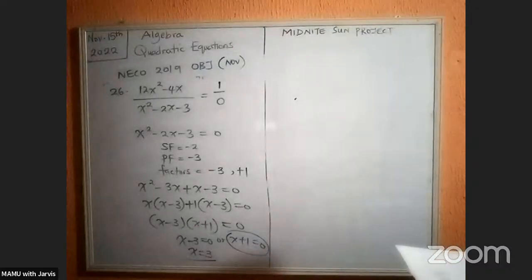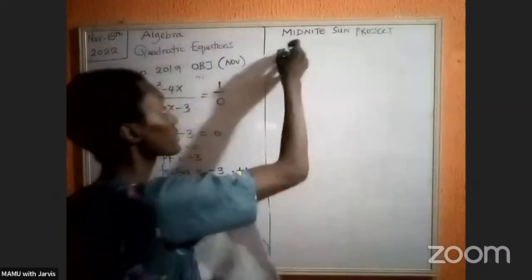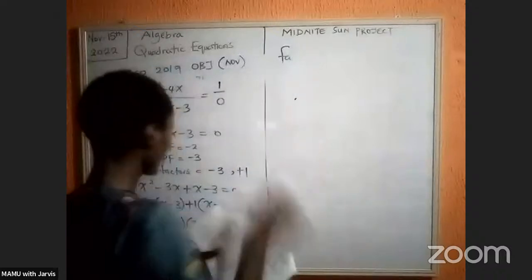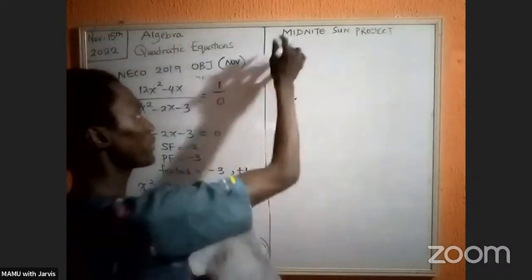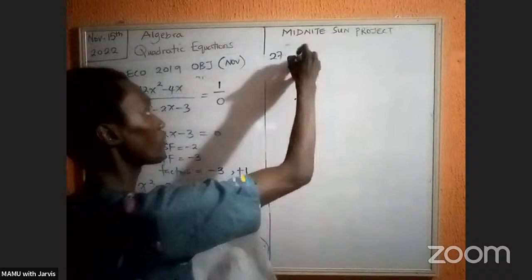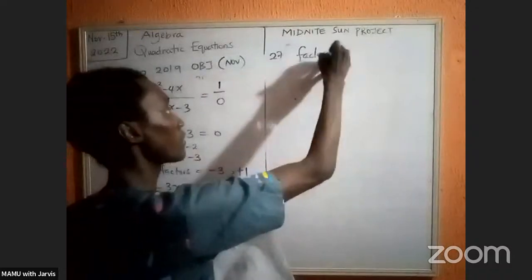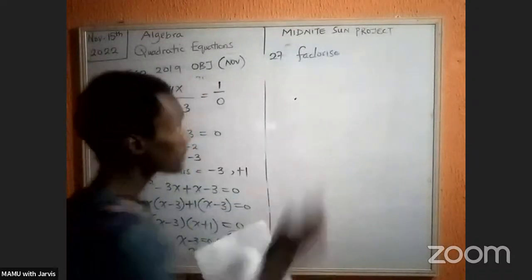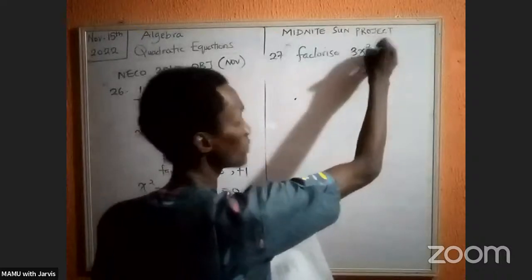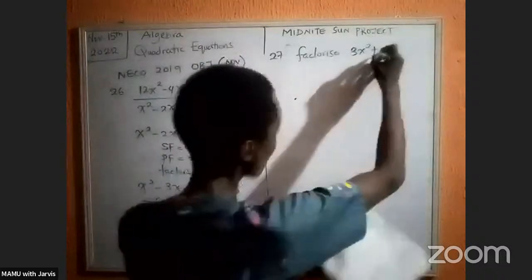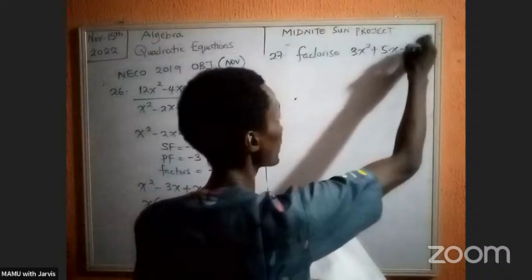We can then go to another one that says factorize, that's in year 27. Factorize 3x squared plus 5x minus 8.